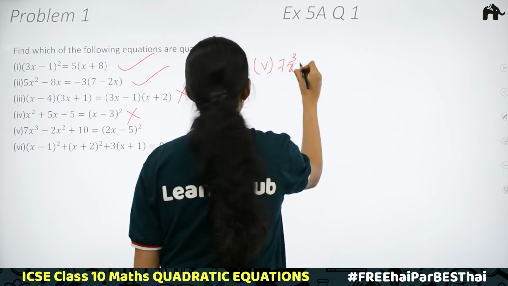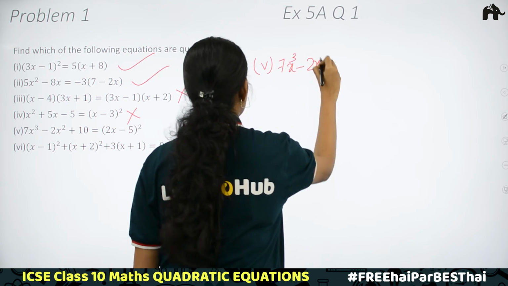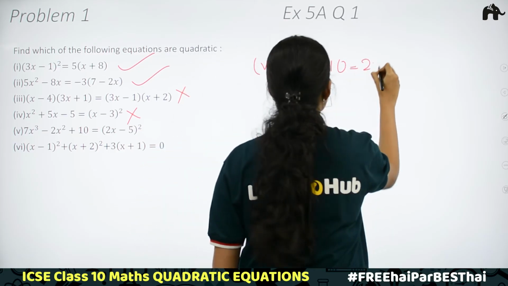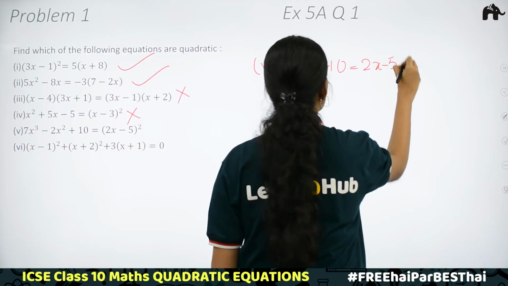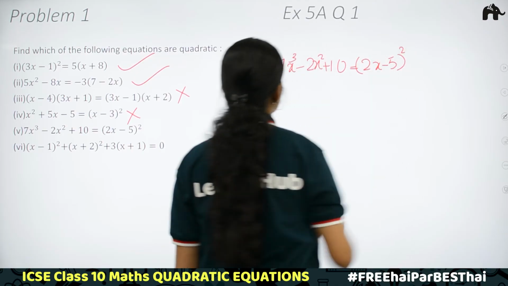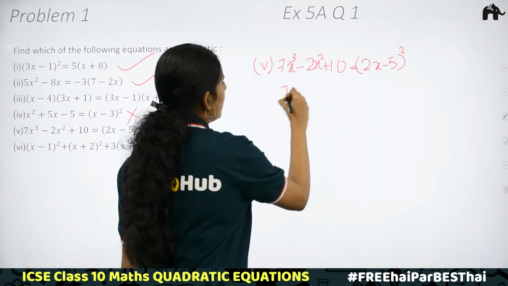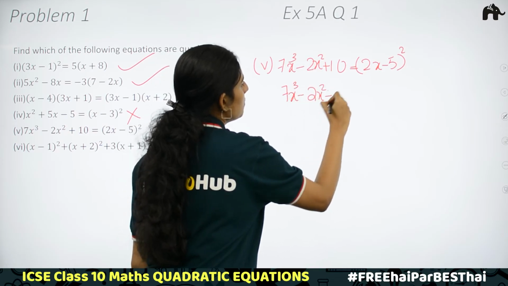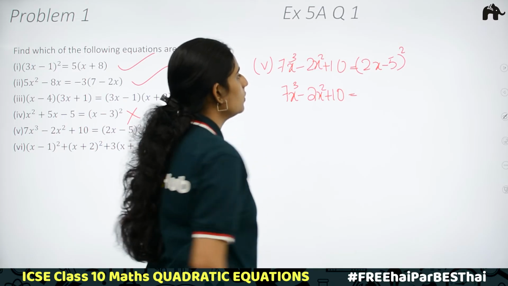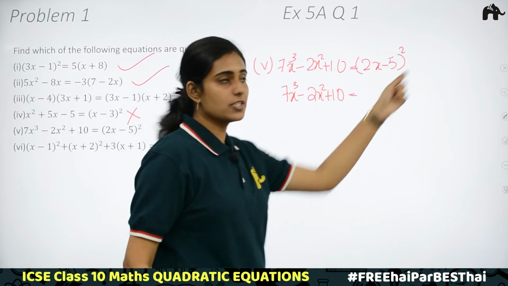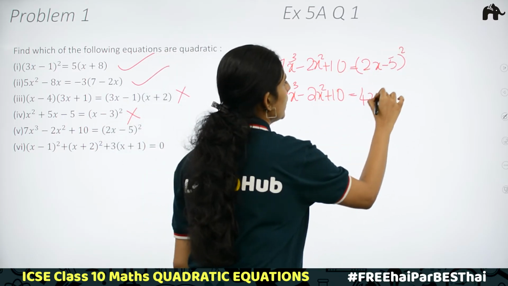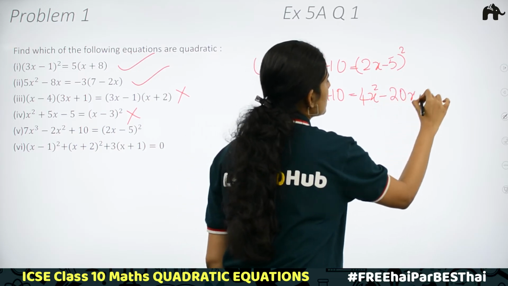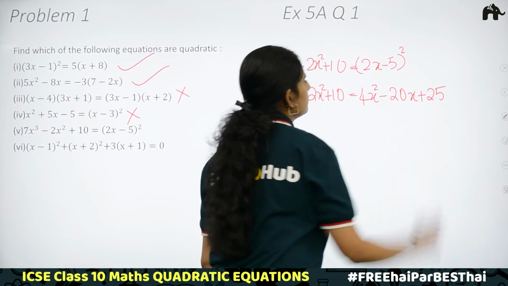7x cube minus 2x square plus 10 is equal to 2x minus 5 whole square, which is 4x square minus 20x plus 25.